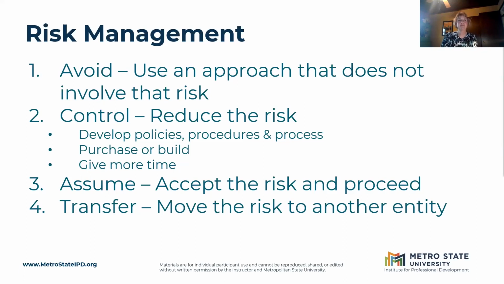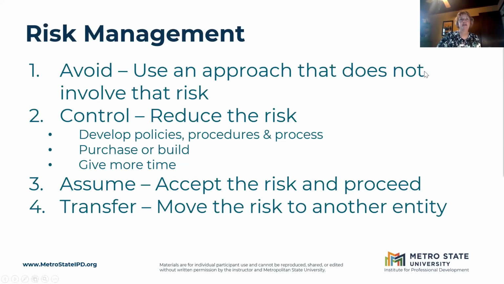Assume means, for this set of ratings, you're going to accept the risk and proceed. So noted, and on we go. This is maybe what you do with some of the 3s, the 2s, the 1s. You're like, yep, I see it, onward. And then transfer is we're going to move that risk so it's somebody else's risk and not our risk.